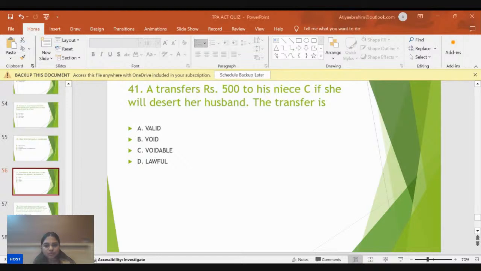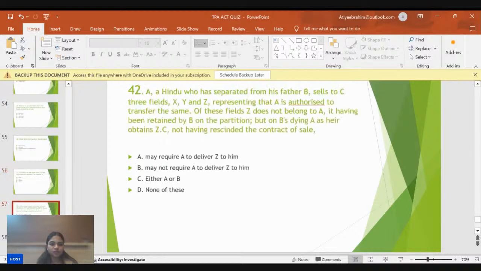Similarly, A transferring 500 rupees to his niece if she will desert her husband. This kind of conditions are void, and the transfer is also void here, right? Okay, next question.